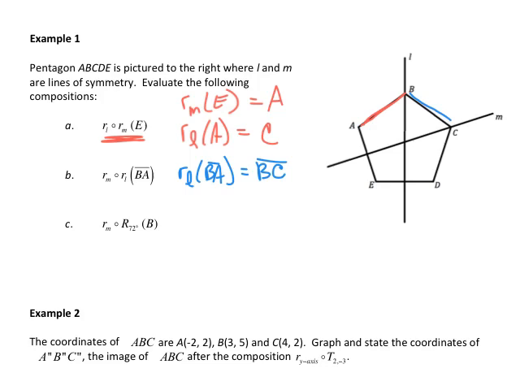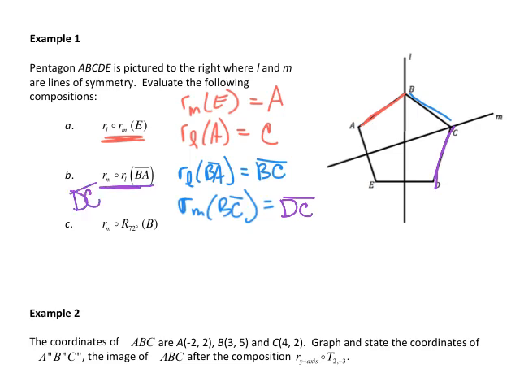So now I'm going to reflect BC over line M. When I reflect BC over M, C is going to stay there, and B is going to reflect down to D. So BC ends up being DC. Again, the order is important, so B maps to D, so D has to be first. So my answer for the second one here is DC.